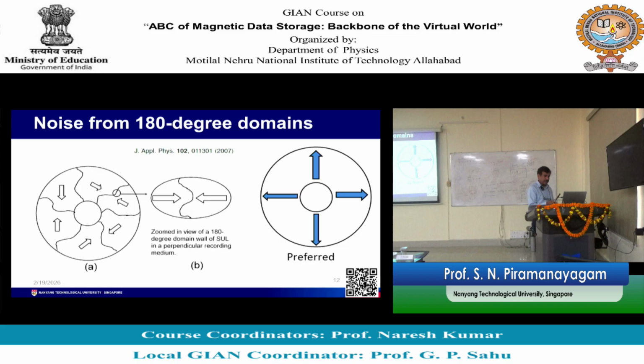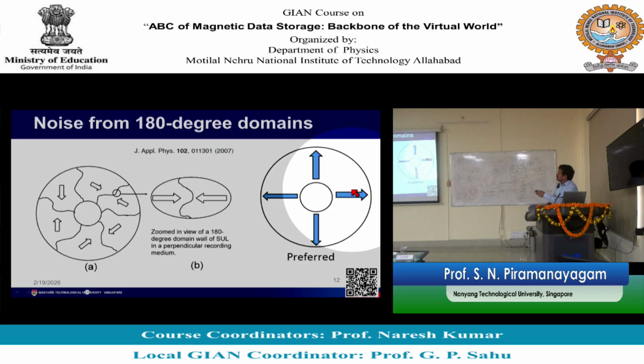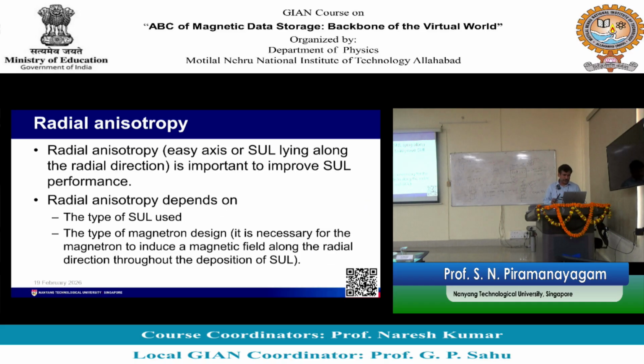So, by designing the magnetron, they produce a stray magnetic field. That stray magnetic field produces a field induced anisotropy along the radial direction. So, this was one approach. Okay, so, this is what is called radial anisotropy. It is by the type of the magnetron design.